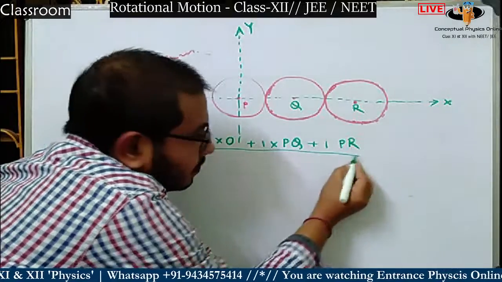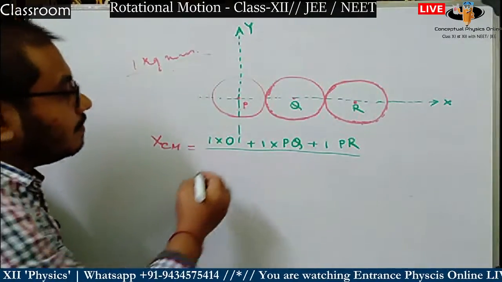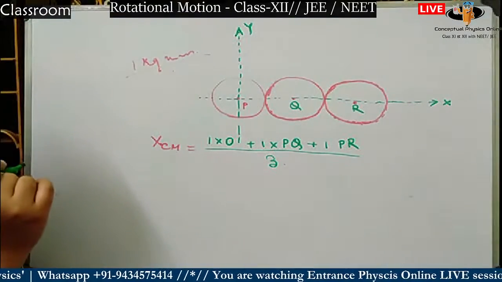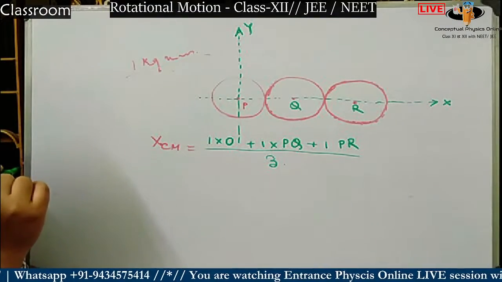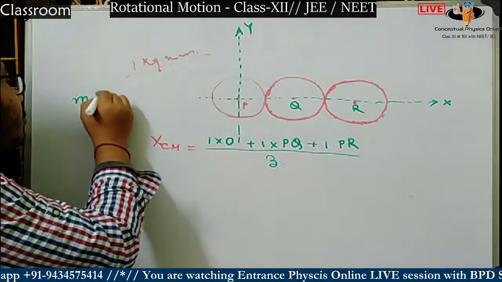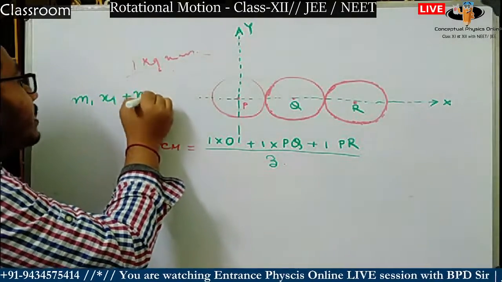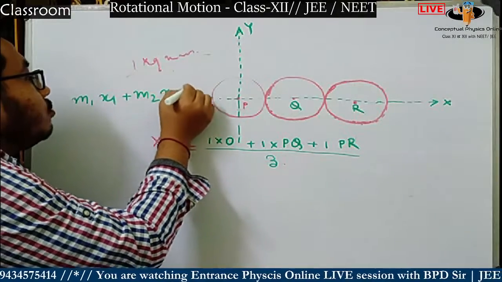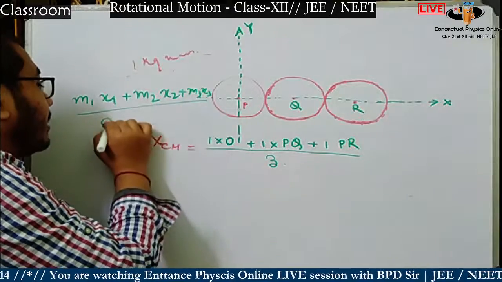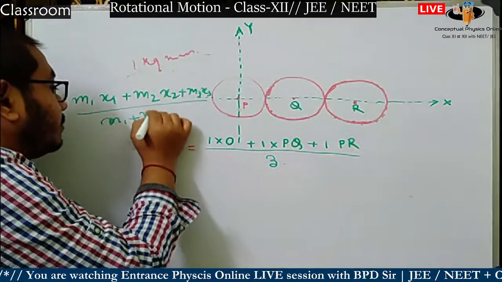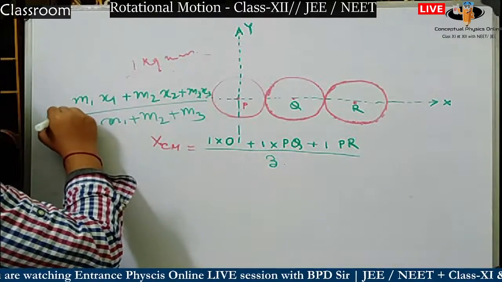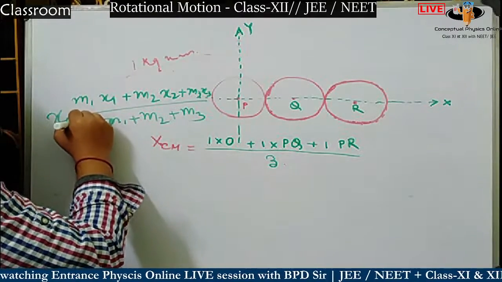Divided by M1 plus M2 plus M3. This is the formula for the center of mass: M1 x1 plus M2 x2 plus M3 x3 divided by M1 plus M2 plus M3. This gives x of COM.